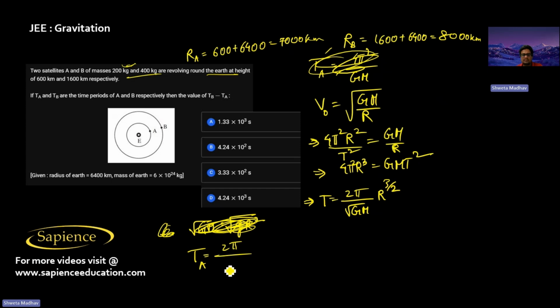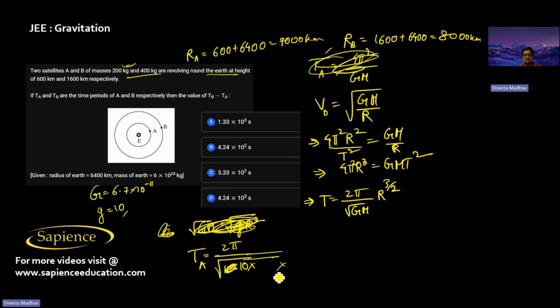So TA, I can say, is 2 pi by root over GM. GM is g R square, where g is 10, so GM is 10 into R square.